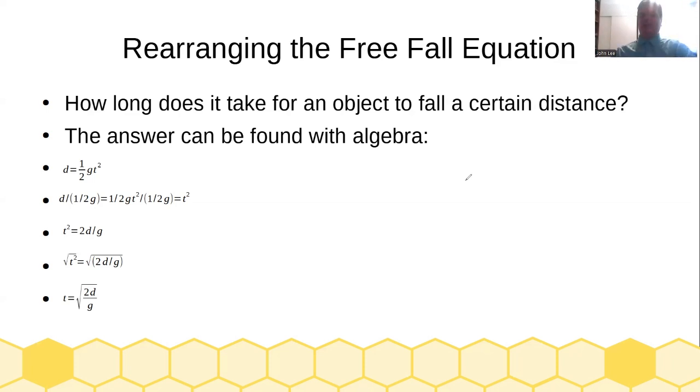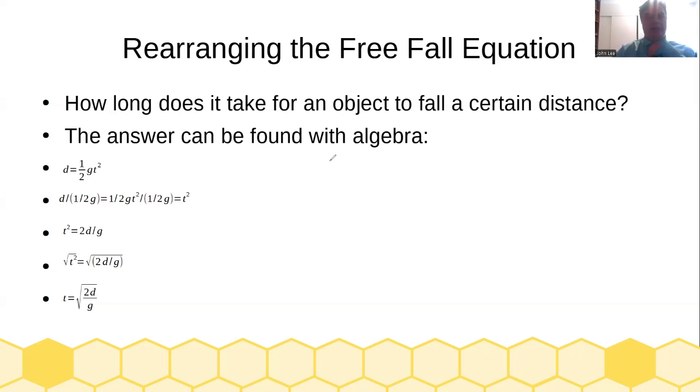This is technically not complete as it should be plus or minus the square root of 2d over g. However, we can just assume that because you're falling from time equals 0, the time that you fall down is going to be positive because that is generally how time works.